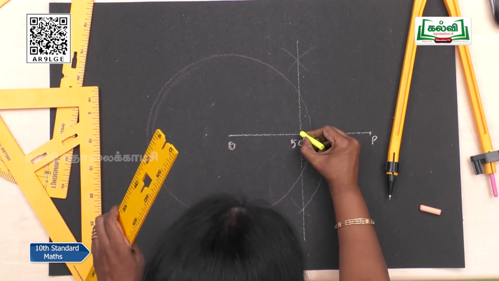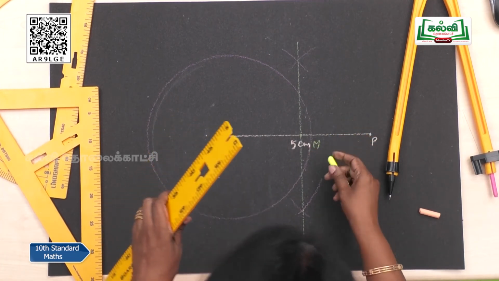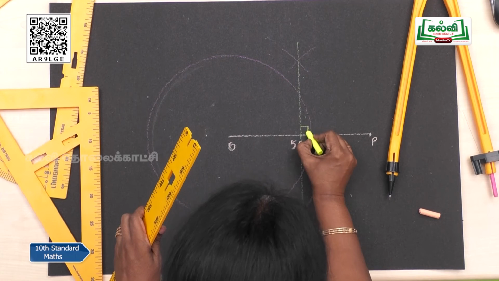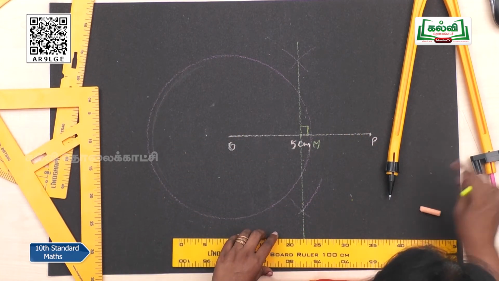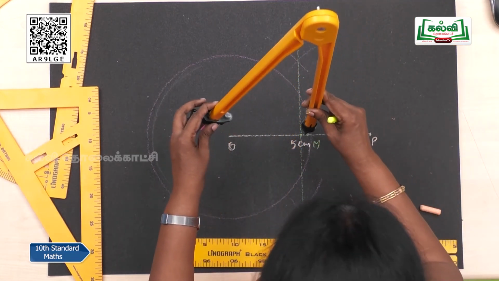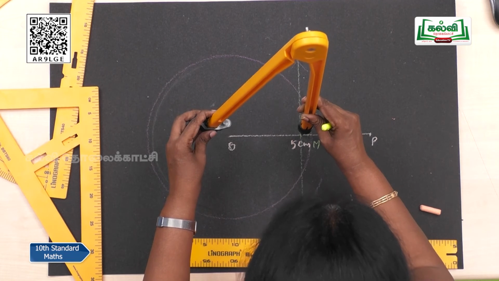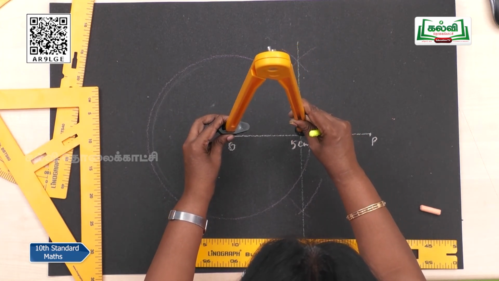And mark the point M. You can choose any letter, and this is at an angle of 90 degree, no, because it is a perpendicular bisector. Now you are going to construct the second circle. Now keep M as a center and OM as a radius.